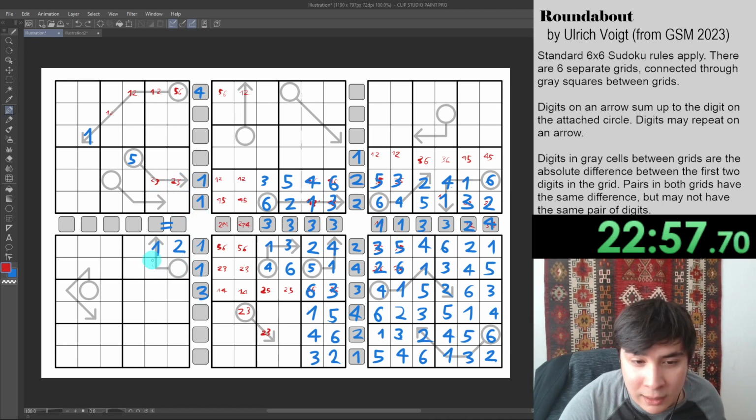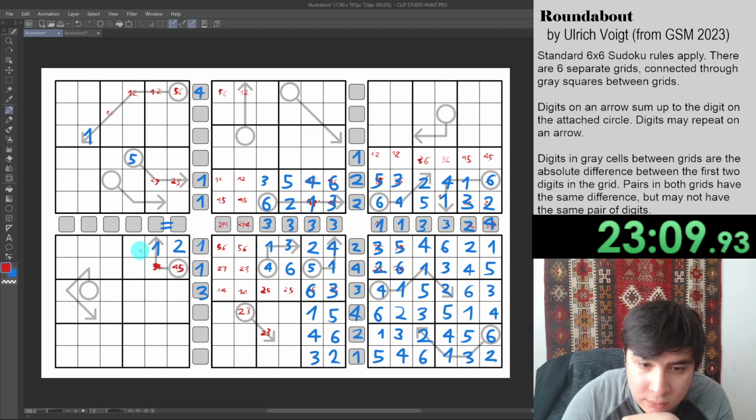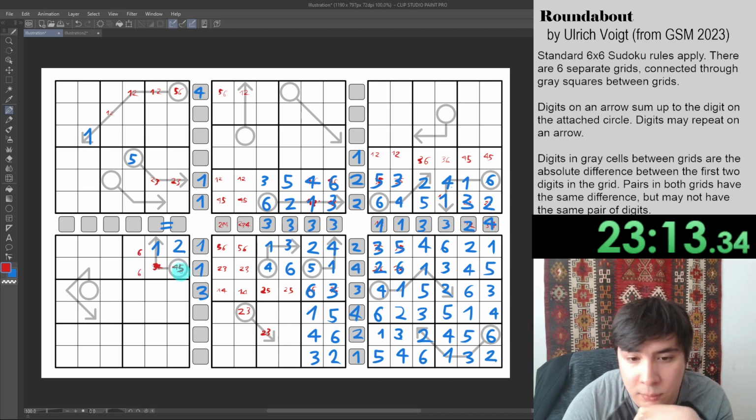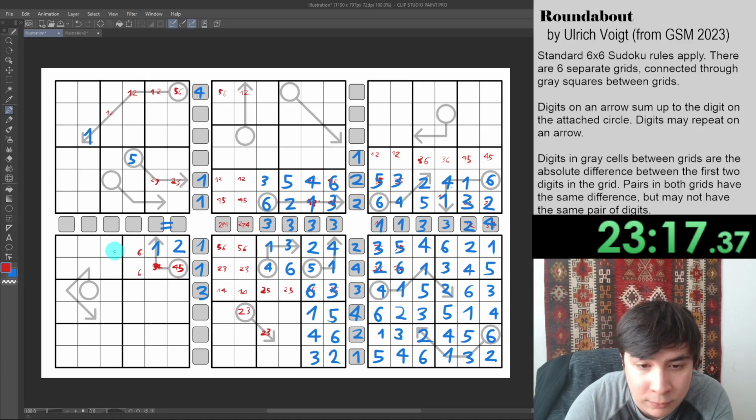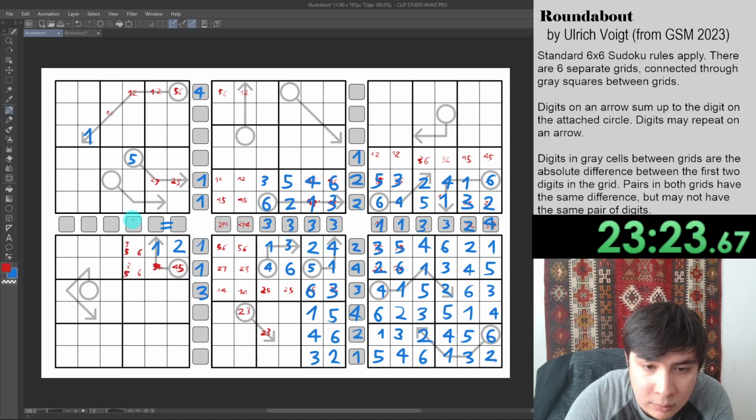So we actually do narrow this down to 3, 4, and 4, 5. So the 6 does have to be on the right, and that either goes with a 3 or with a 5. That means this number here is going to be either a 1 or a 3. These are either 2 or 3, but they can't be 1.